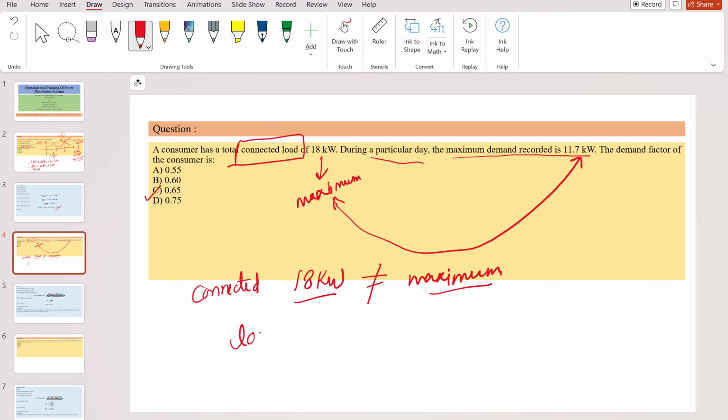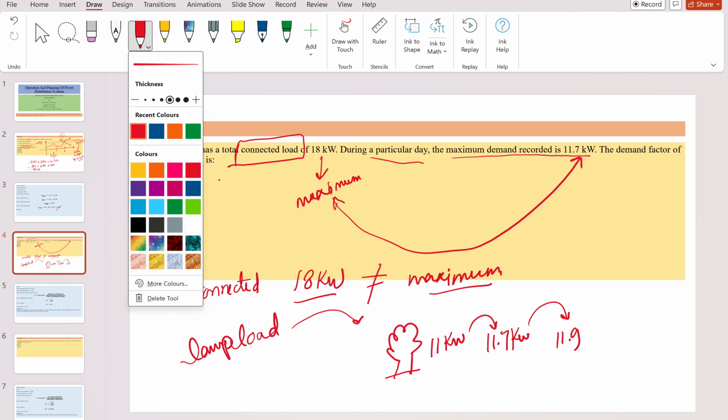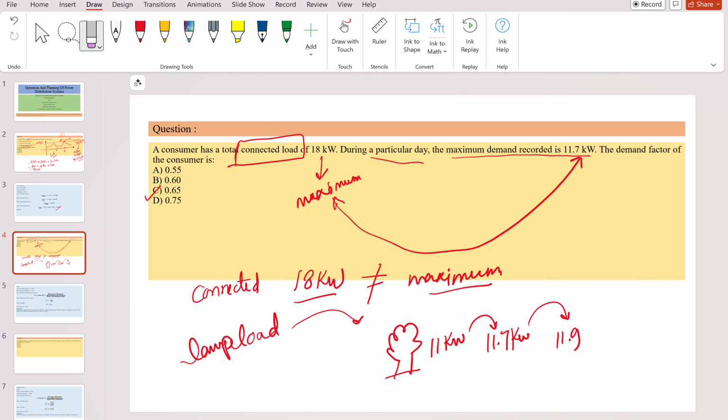Suppose you have a lamp load. When it is a very new bulb, it consumes low power initially, say 11 kilowatt. As time goes on it deteriorates, heating losses increase, and it consumes more and more power, most of which goes into the losses.